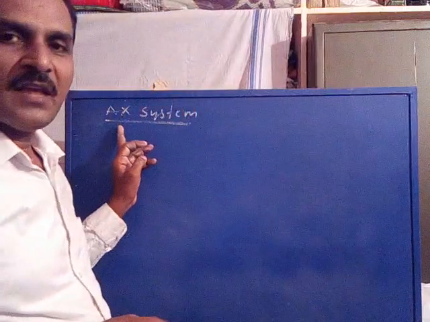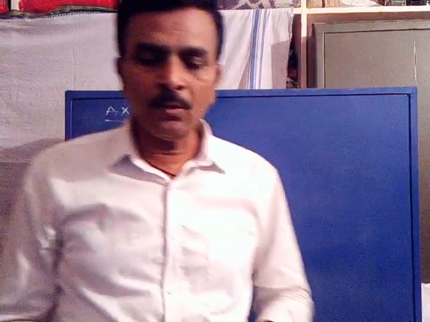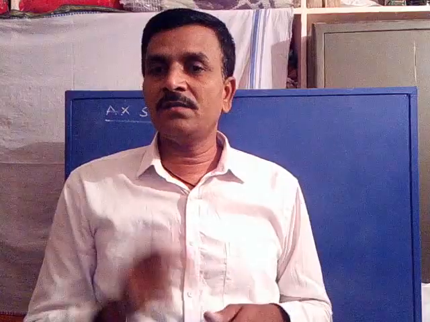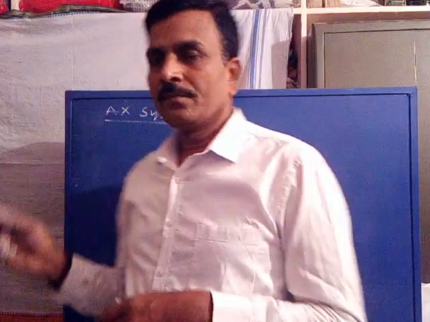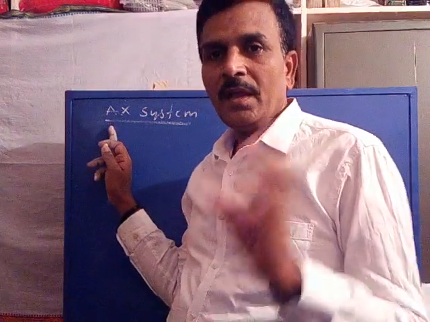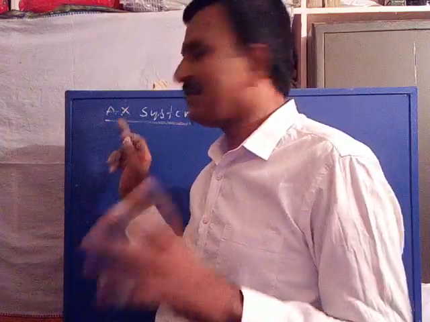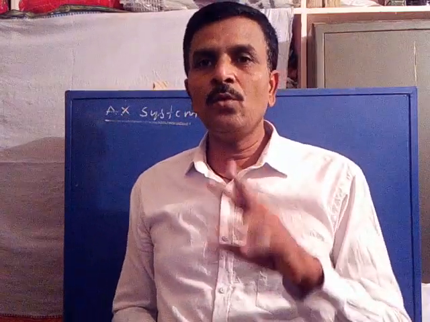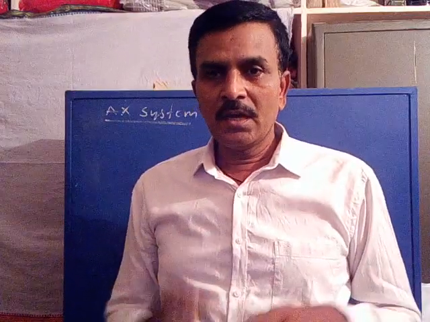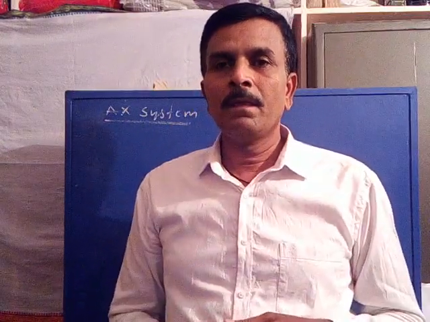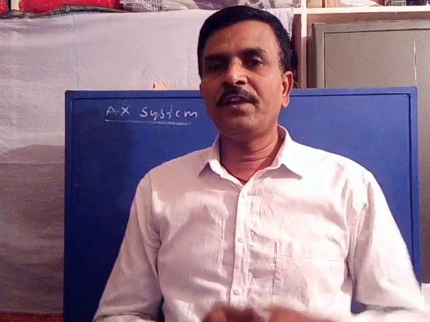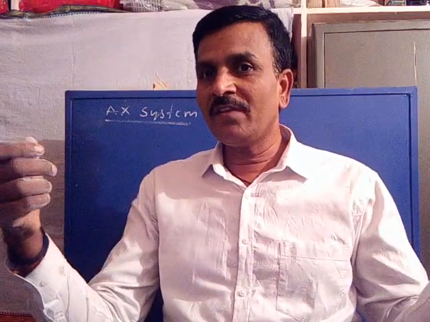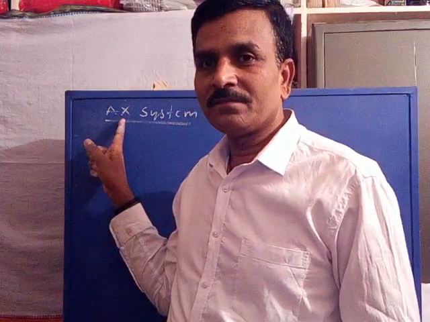Now the first system is AX system. In a molecule consisting of two non-equivalent protons, there is no subscript. A consisting of one proton, X consisting of one proton. So any molecule consisting of two non-equivalent protons coupled with each other and separated by large frequency difference. Why large frequency? There is an X letter.